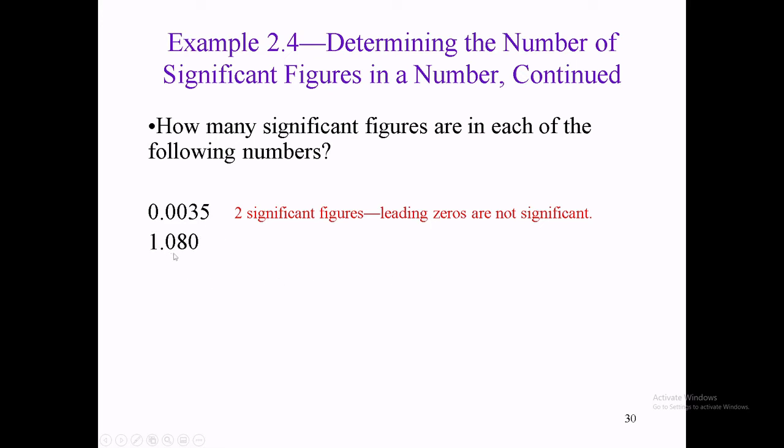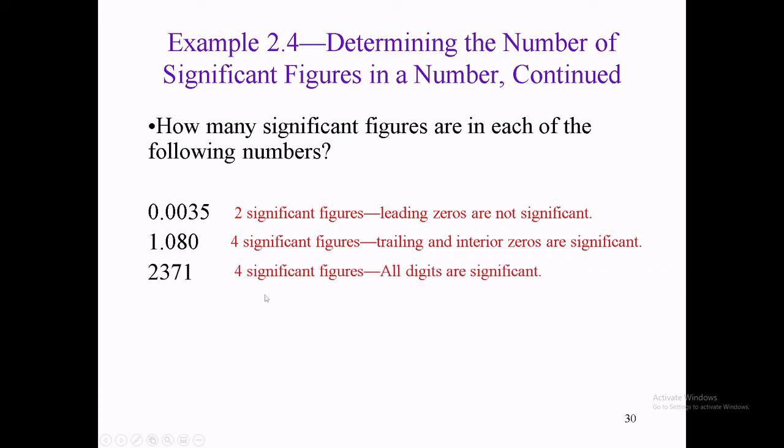If we have 1.080, we have interior zeros that are significant and a trailing zero after the decimal point that is also significant. So we get 4 significant figures for that value. For 2371, we have all non-zero integers. Therefore, all of them are significant. We have 4 significant figures.